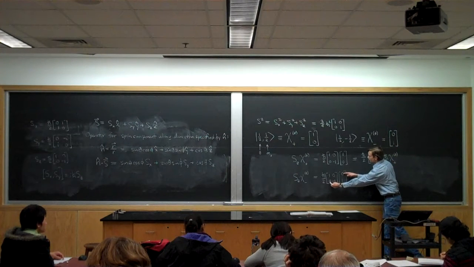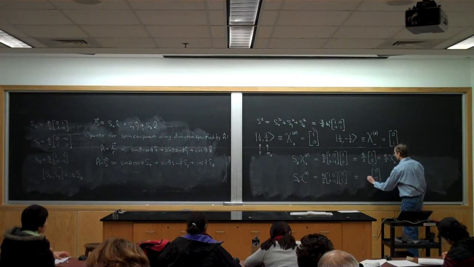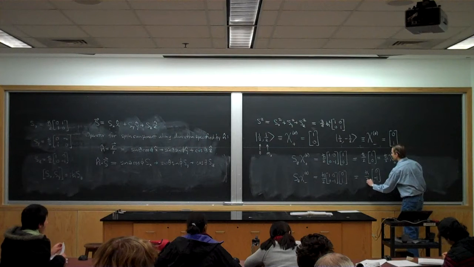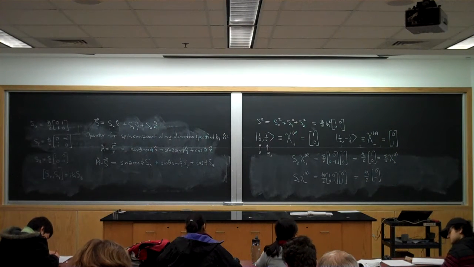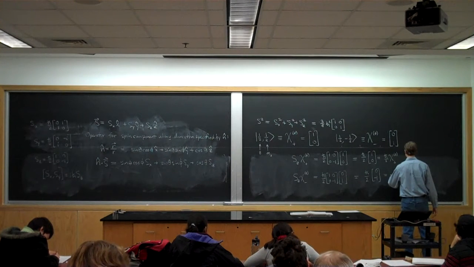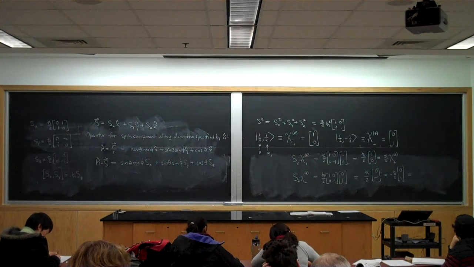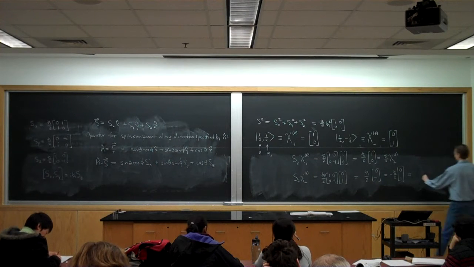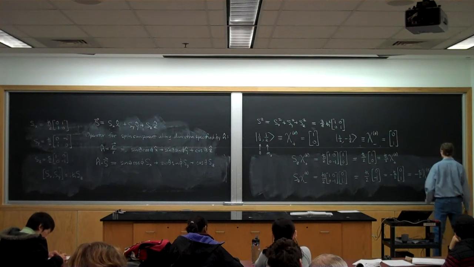Minus 1, because I get 0 times 0 plus 1 times minus 1 is minus 1. There's an h bar over 2 out front, so I get h bar over 2 times the vector 0, minus 1. But that's the same thing as minus h bar over 2 times the column whose components are 0 and 1, but the column whose components are 0 and 1 is chi minus. So this is minus h bar over 2 times chi minus for the z direction.